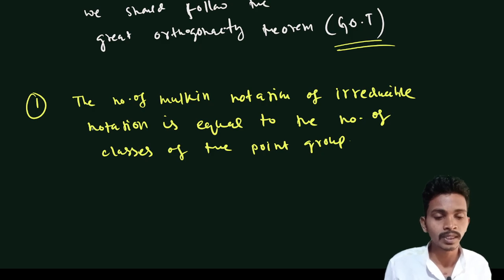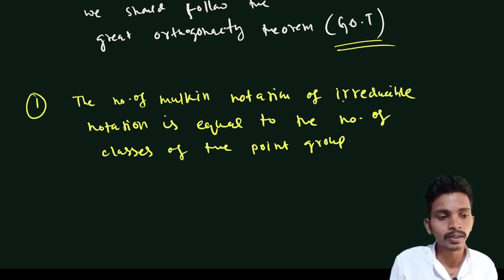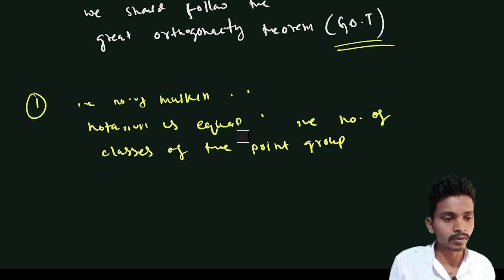So postulate one says that the number of Mulliken notations of irreducible representations is equal to the number of classes of the point group. I wrote something wrong, sorry.